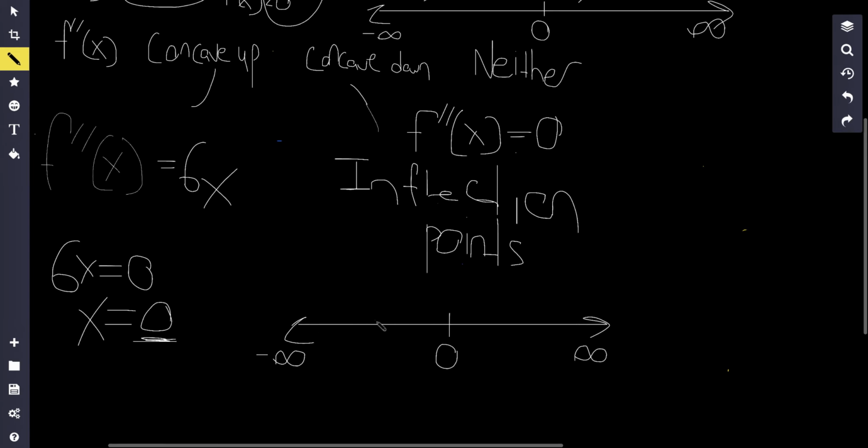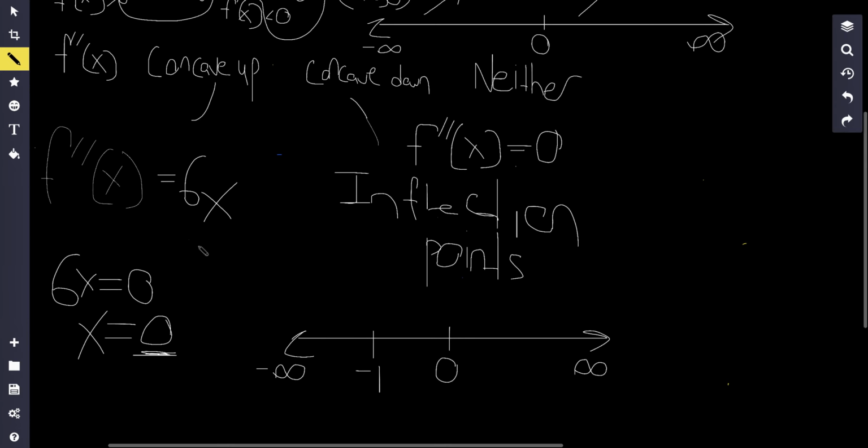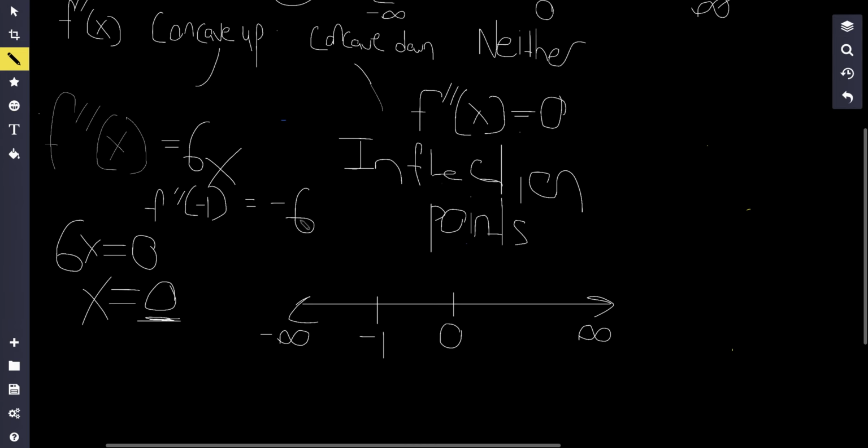So let's say I choose x equals -1 right over here, so I'm at this part of the number line first. When my x value is -1, notice how my second derivative is equal to -6, right? Notice how our second derivative is negative.